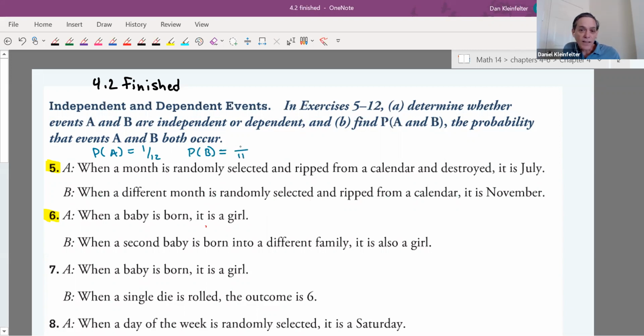Because July has already been ripped from it, and so we've got just 1 out of 11 chance for it to be November. So knowing that A has already occurred will affect the likelihood that B occurs, and so that makes them dependent.